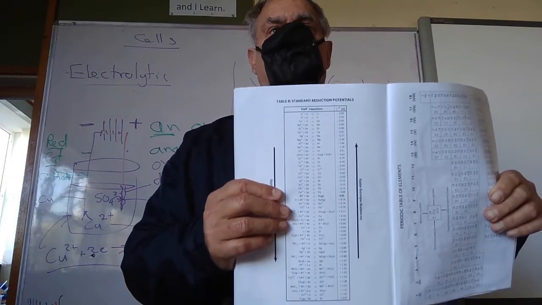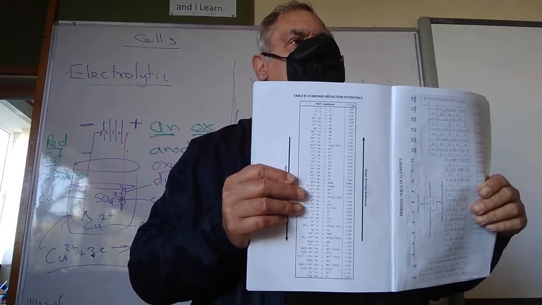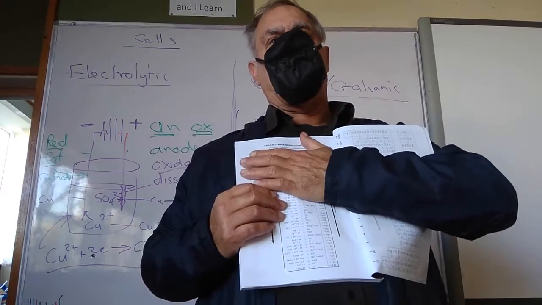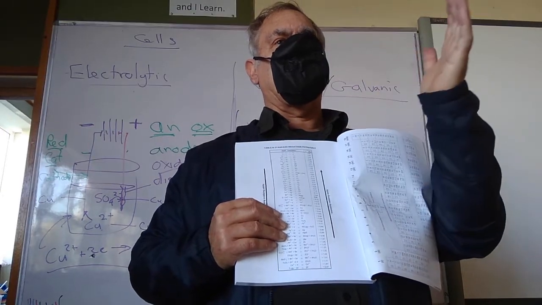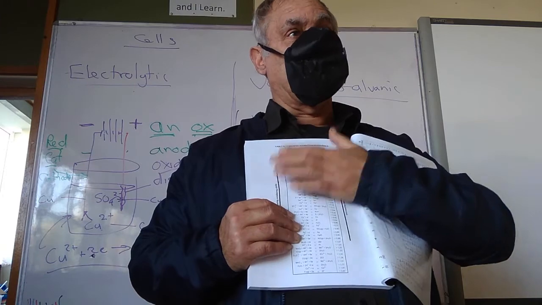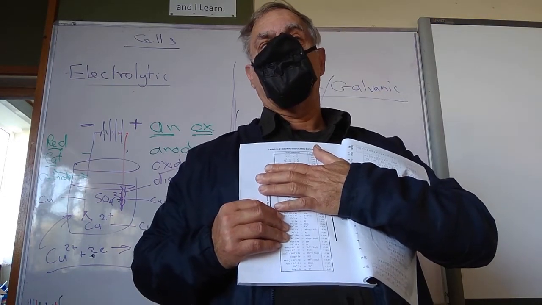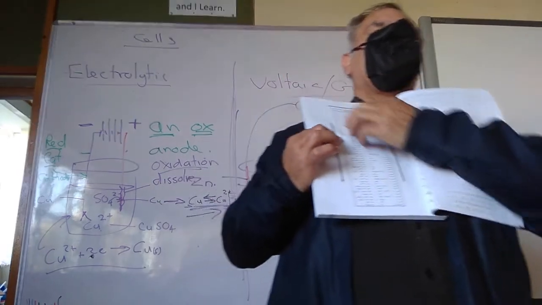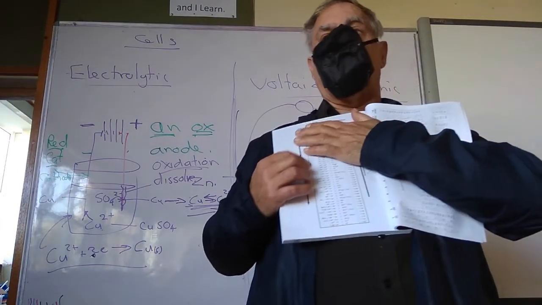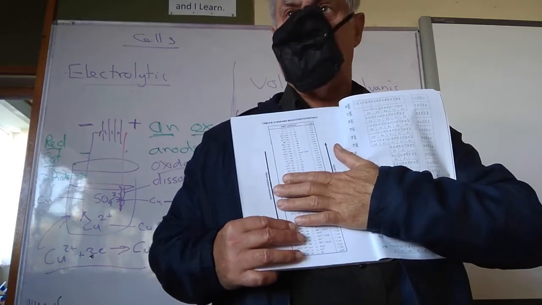Lithium on top, for Liam Neeson. The top half reaction is always going to be the one that is giving electrons, because Liam's the most giving person. Then we'll find zinc on top, and we'll find copper at the bottom.